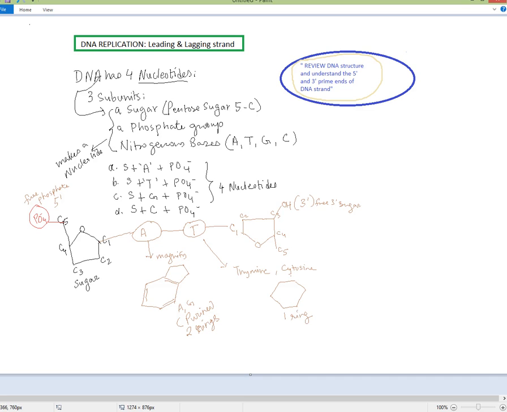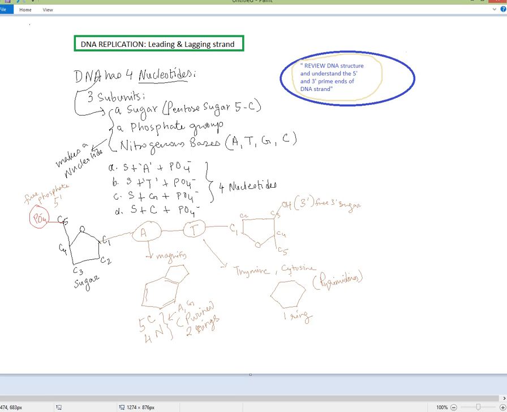So adenine and guanine are purines, and cytosine and thymine are pyrimidines. And here there are 5 carbons and 4 nitrogens for adenine and guanine.